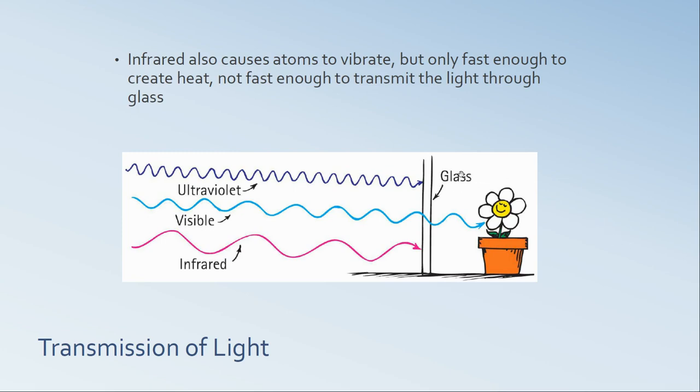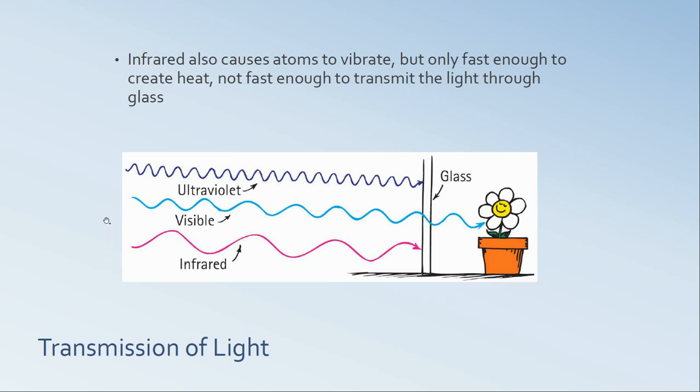So we can see here, when we have some glass and we have light, say from the sun, that contains all these wavelengths coming to our glass, the ultraviolet is moving fast enough to cause the glass to resonate, and so the energy is transformed into heat. And then here in the infrared, again, there's not enough energy to cause the atoms to emit light, but there is enough energy to heat the glass.